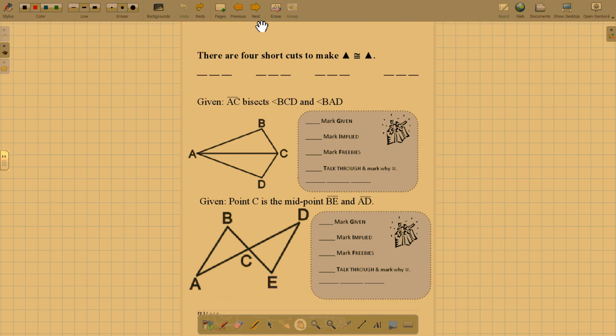Let's recap what we've learned from the last lesson. We learned that when triangles are congruent, there's a total of 6 pairs of items congruent: three pairs of congruent sides, and 3 pairs of congruent angles.